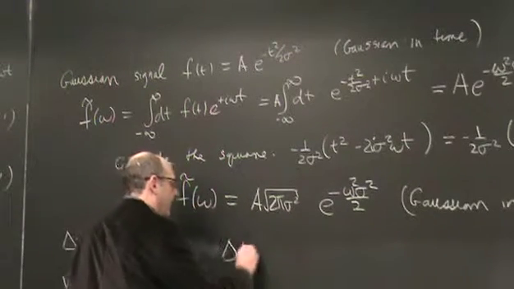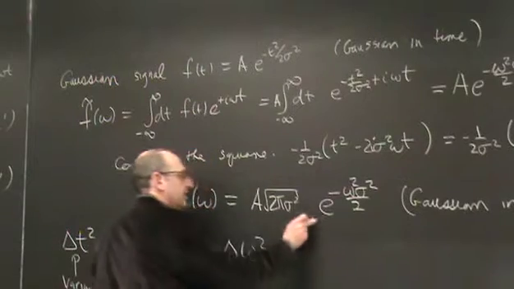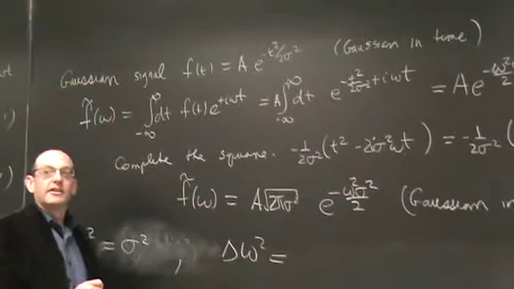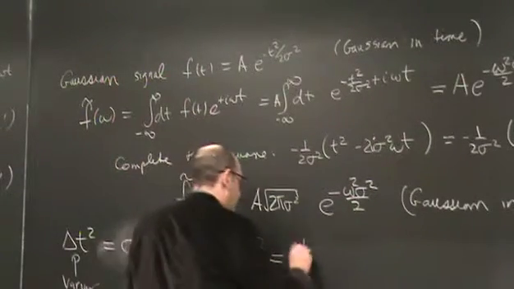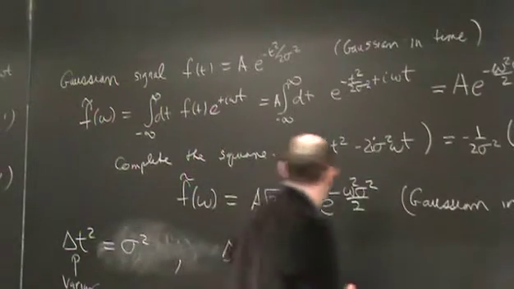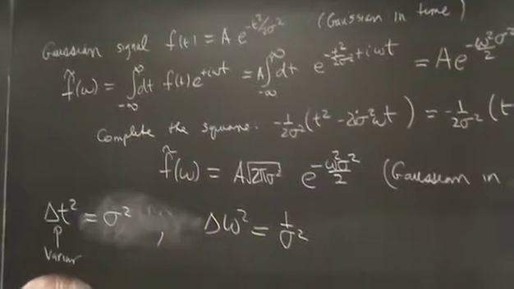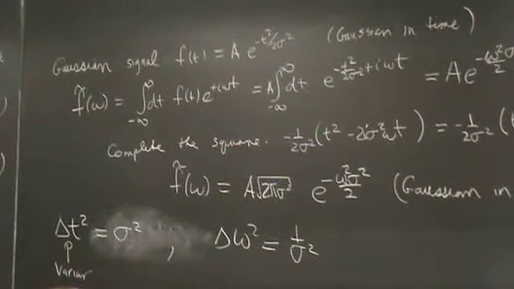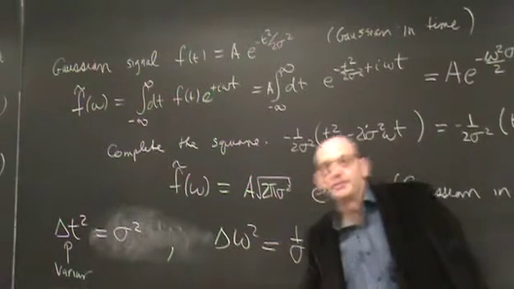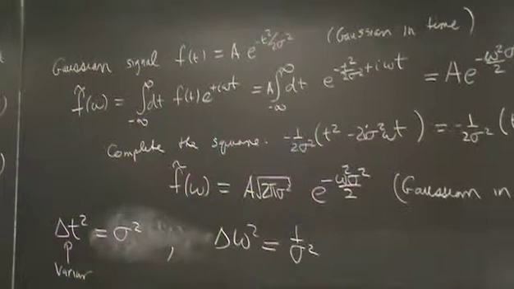What is the spread in frequencies, or the variance in frequencies, if I were to normalize this? 1 over sigma squared. Indeed. Okay. So of course, this is a minimum uncertainty wave packet by the Fourier duality. Okay, very simple stuff that I'm sure you've seen many times. I just wanted to remind you.